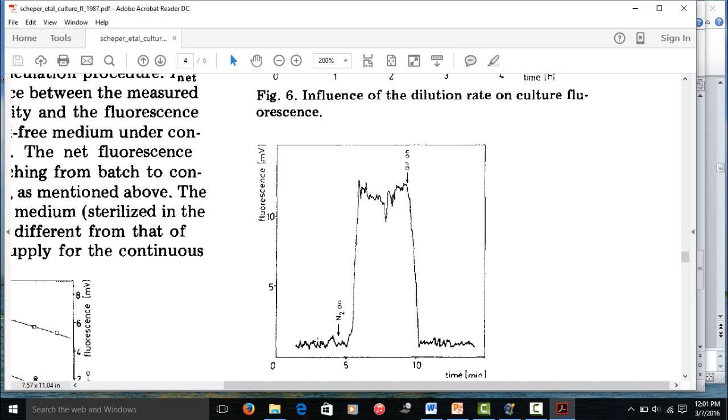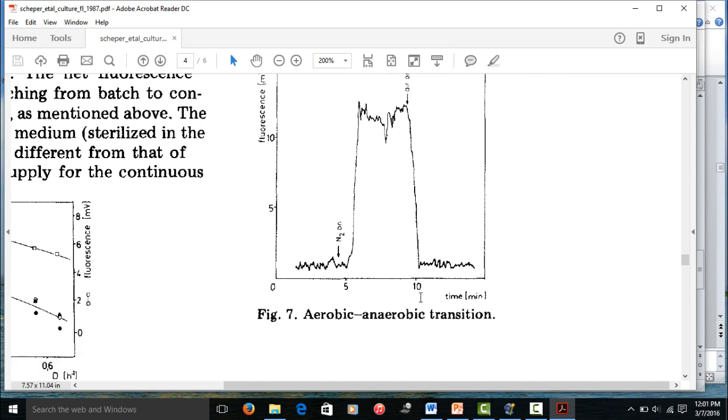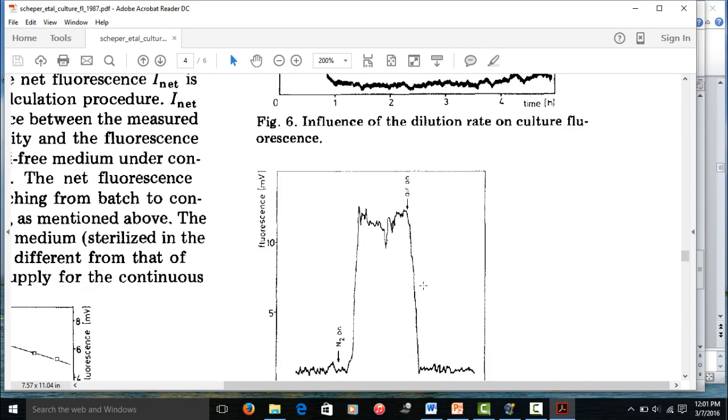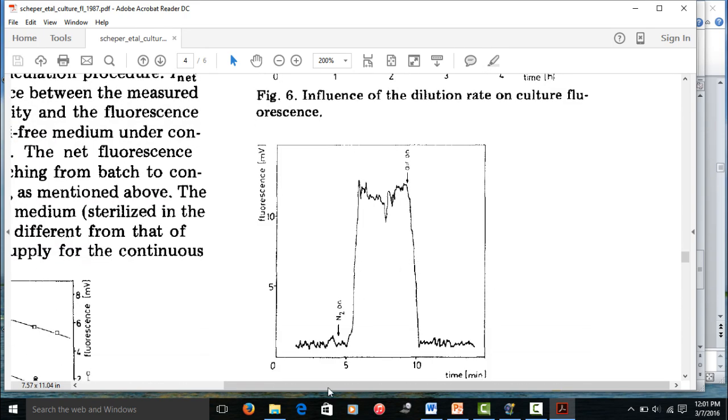The fluorescence was at a certain level when oxygen in air was employed. You have culture fluorescence at a certain level. When nitrogen is introduced, within a few seconds, the culture fluorescence goes up. The anaerobic status goes up.